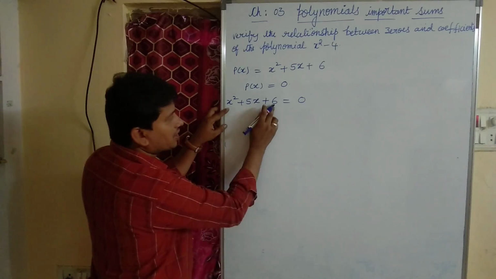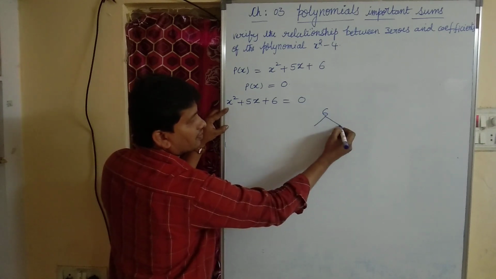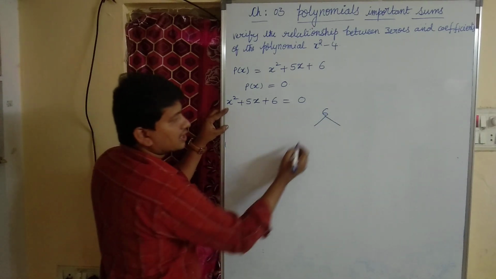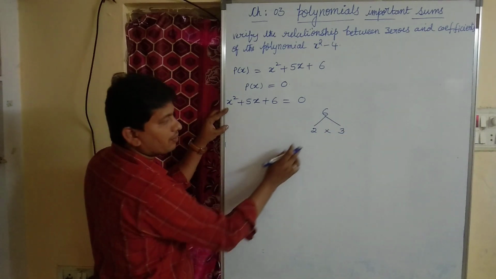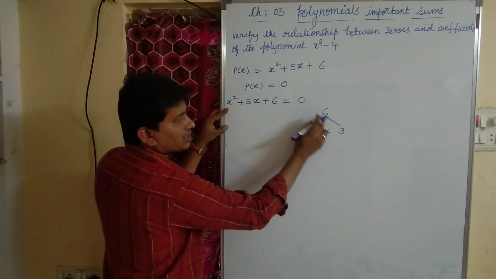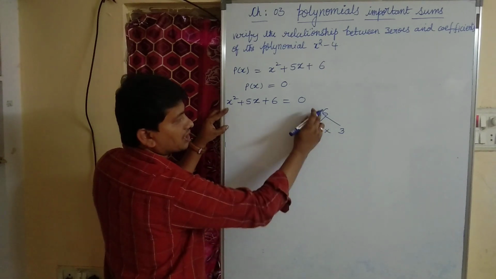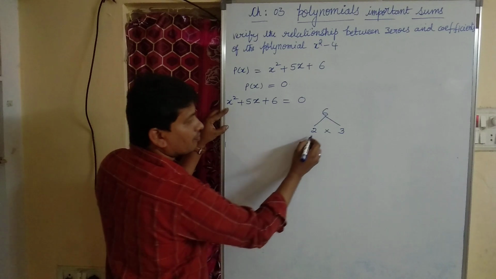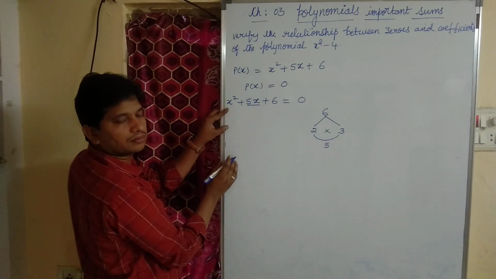So here the constant is 6. Let us find the factors of 6. 6 is nothing but 2 into 3 is 6. When we multiply these two numbers, we must get the constant value, 2 into 3, 6. At the same time, if you add 2 and 3, we must get the middle term.